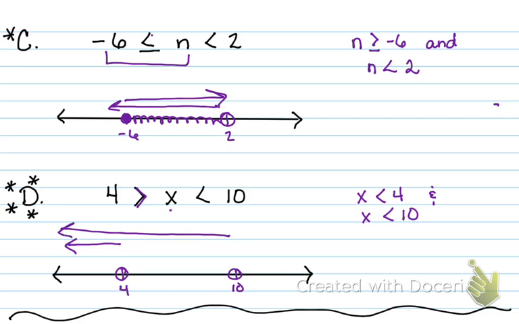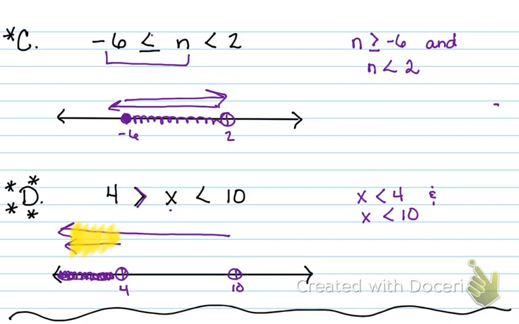Notice where they overlap is just in this area right here. We cannot cover the area 5, 6, 7, 8, 9, and so forth because that does not meet both rules. We have to have both rules being met because it's an and statement. So we only shade in this area to the left of 4.